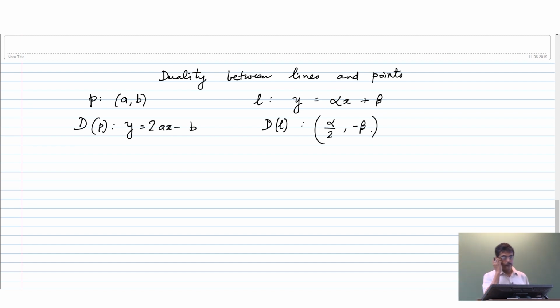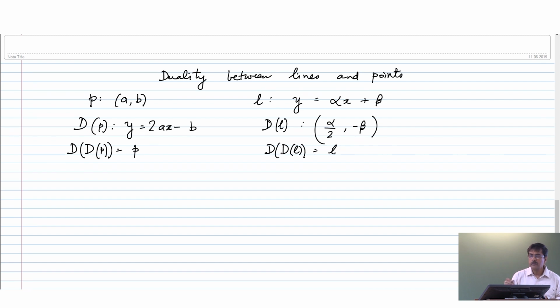And you can quickly check that D of P is P and D of L is L. So it's self inverse.